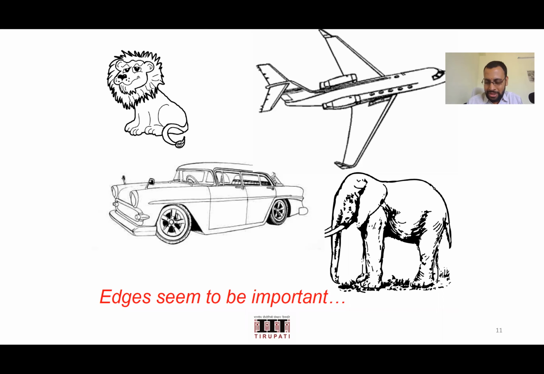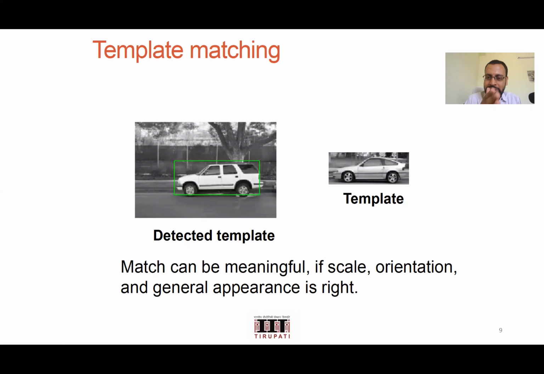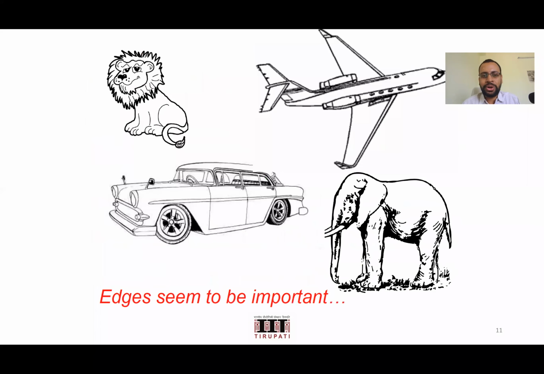That means this is an interesting observation. Of course, all of us know it implicitly, except that we are making an explicit statement here. This is not the way we are doing it. So how are we identifying things? Based on what features? The feature is not patchwise mean square error or patchwise correlation.